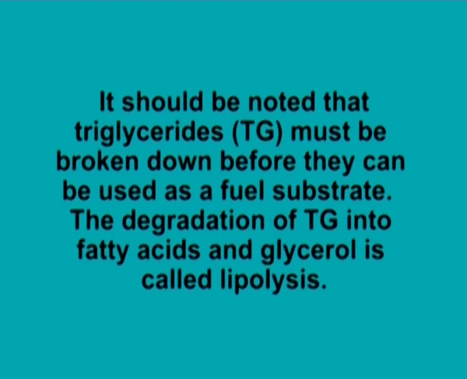It should be noted that triglycerides, or TG, must be broken down before they can be used as a fuel substrate. The degradation of TG into fatty acids and glycerol is called lipolysis.